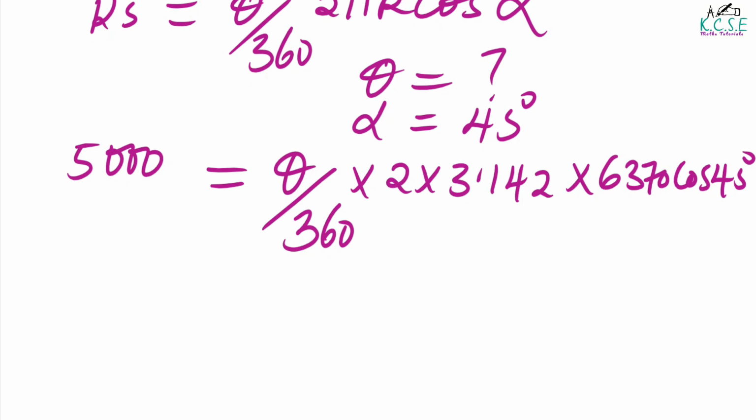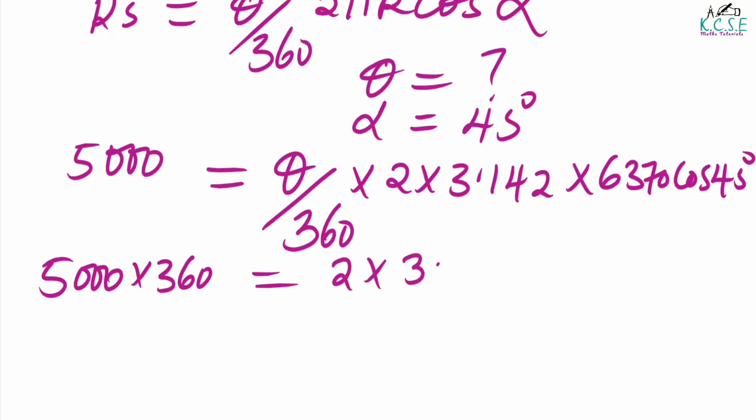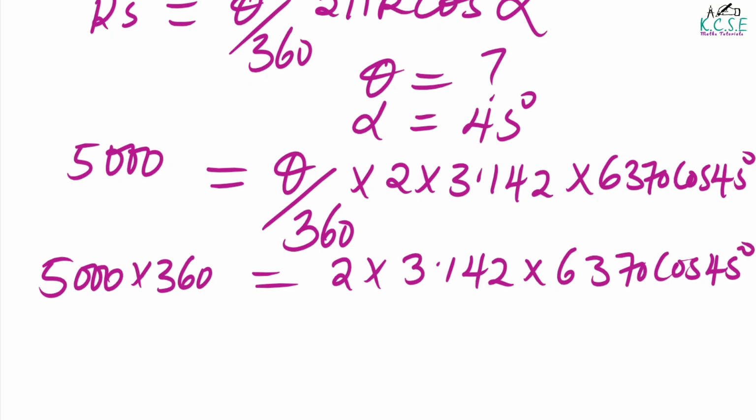We can get rid of the denominator 360 by multiplying both sides by 360. So we have 5,000 multiplied by 360, and on the right-hand side the 360 disappears, so that we remain with 2 times 3.142 times 6370 cosine of 45 degrees.